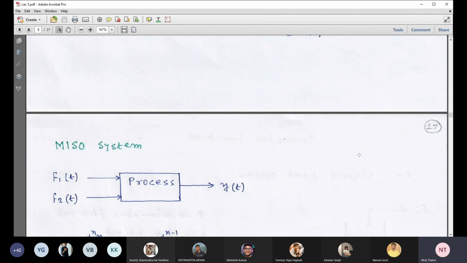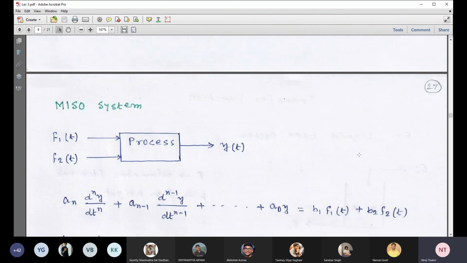Now you see there is a multi-input single output system, a MISO system. In the next step, we are considering the multi-input single output system. This figure shows that we have two inputs, F1 and F2, and a single output, Y. We have modified the linearized model a little.